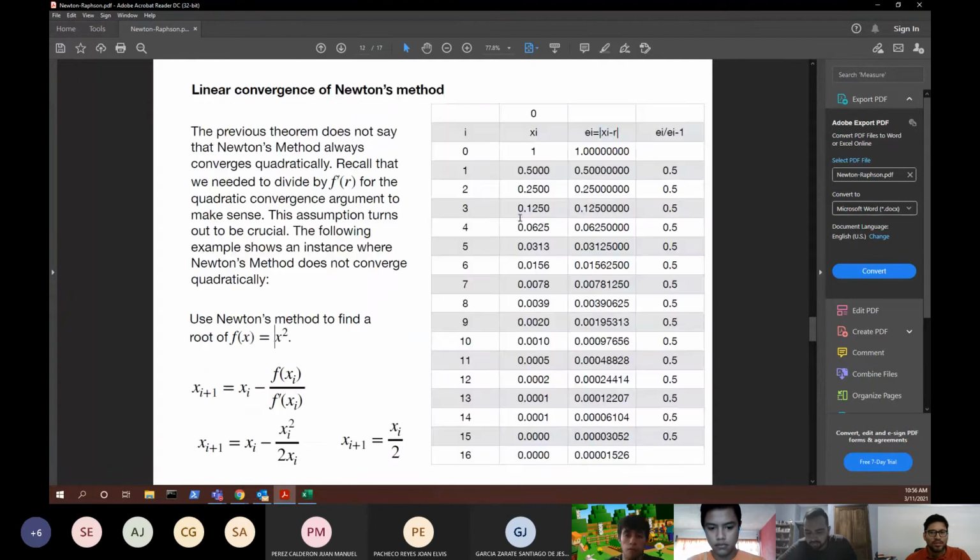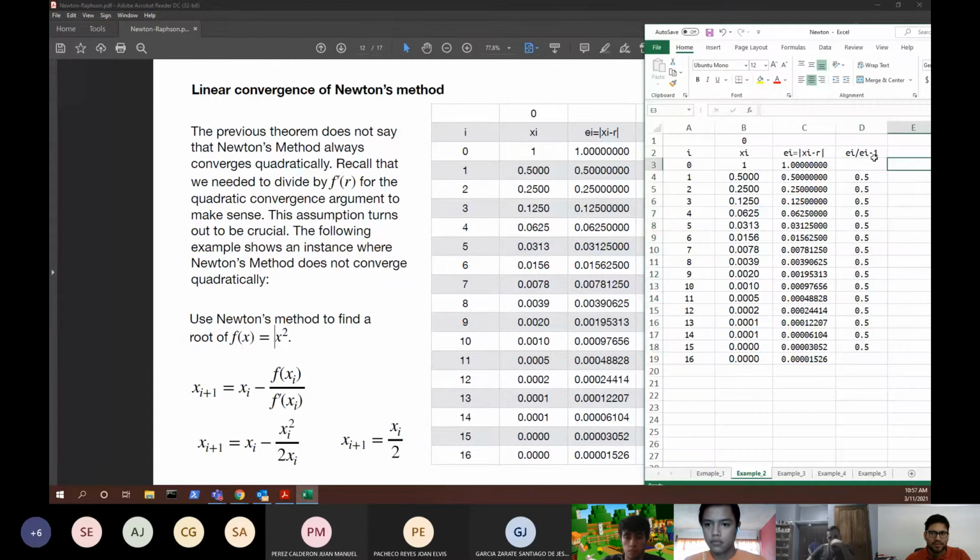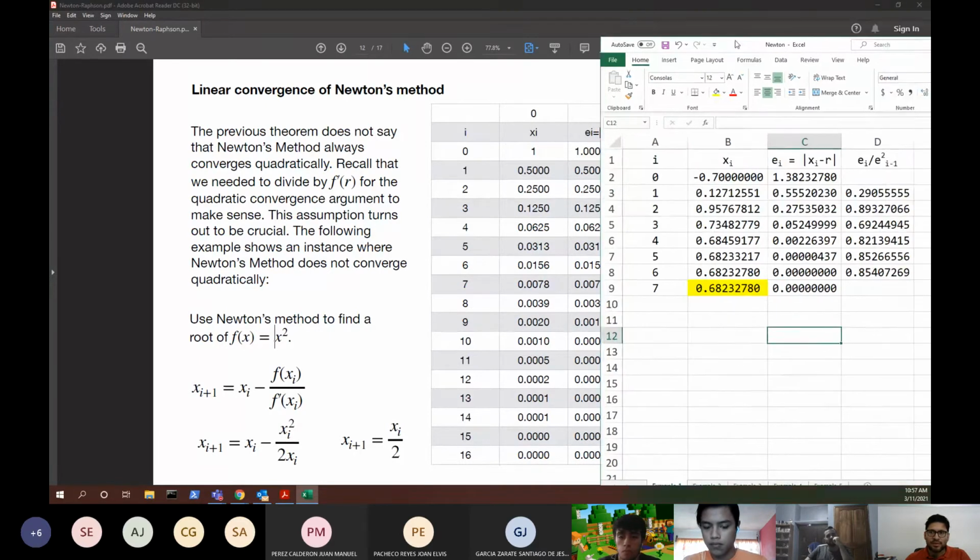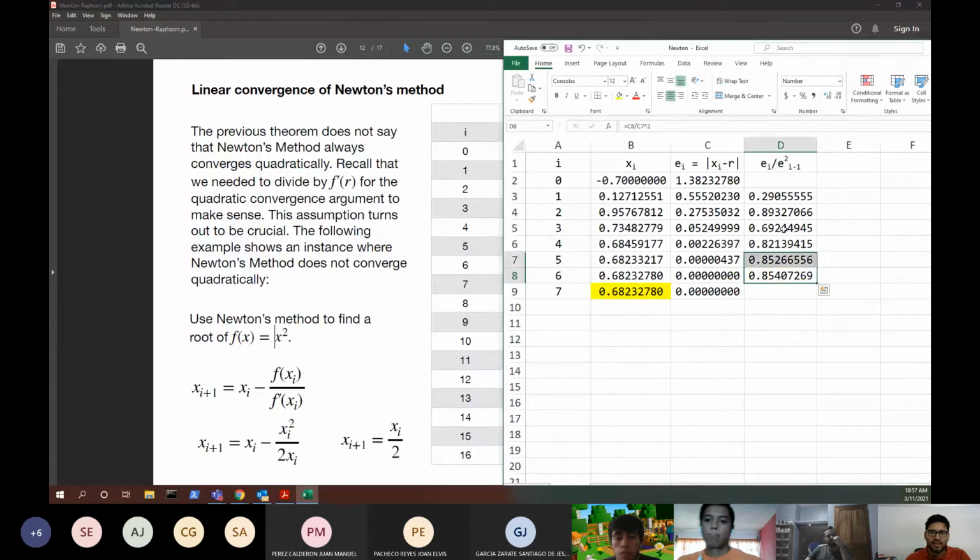Then you will have only 1/2. That is why we have 1/2 here. So in general, the m value is going to be also obtained by the error divided by the previous error. So in this case, if you think about it, this is the value. So this was about 0.85, the m value.